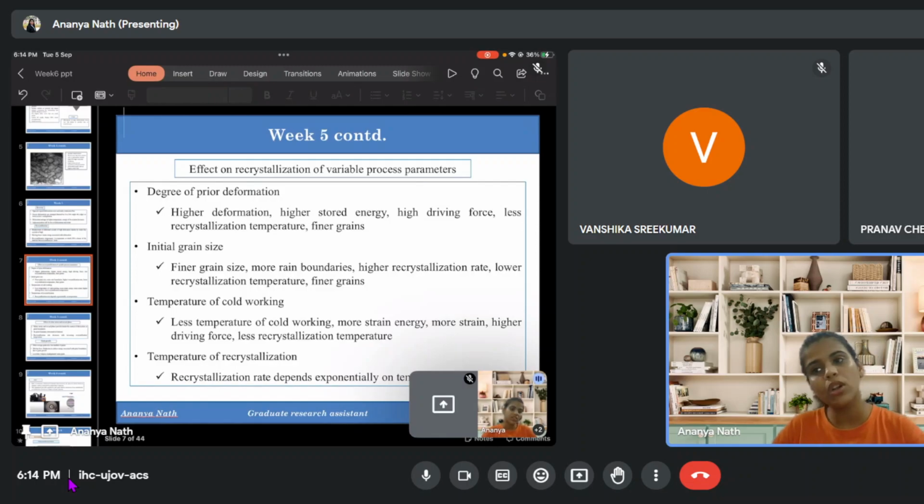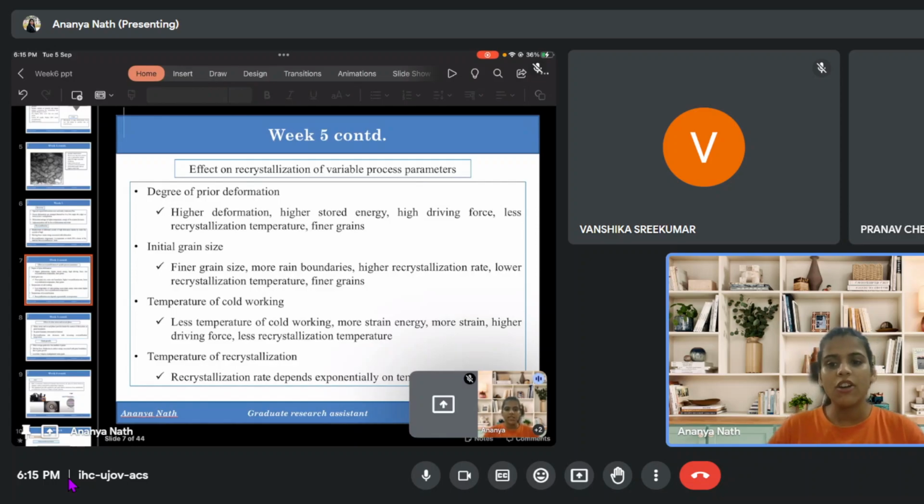But after cold working, something is still going on inside the material, because in cold working the number of dislocations will be high, increased. But now what is happening inside the material so that we get that recrystallized grain? That is what we will be discussing here.